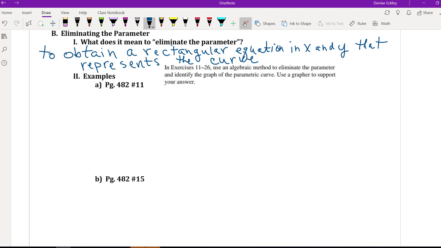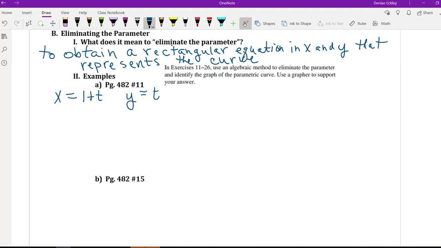So page 482, exercises 11 through 26, asks us to use an algebraic method to eliminate the parameter and identify the graph. And then if you want, you can put it in your graphing calculator to make sure that you have the correct graph. So for number 11, we were given this set of parametric equations, x equals 1 plus t, and y equals t.